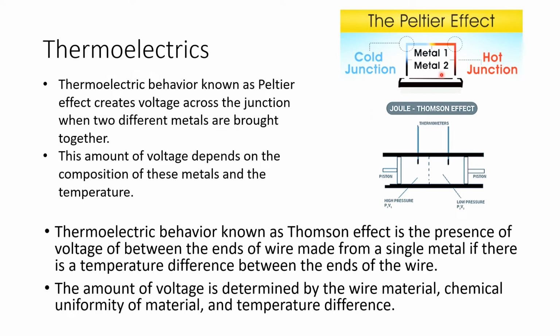Here it's just showing you metal 1 and then metal 2, and you have a hot junction and a cold junction. This picture I don't really like too much, it's a little bit deviating. Every time you put the two materials together, there's a junction, and you're going to have a different voltage, meaning a different electric potential at this point.